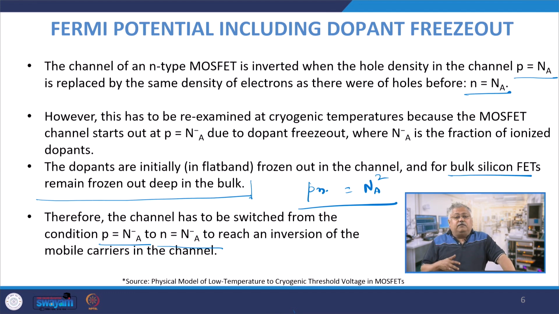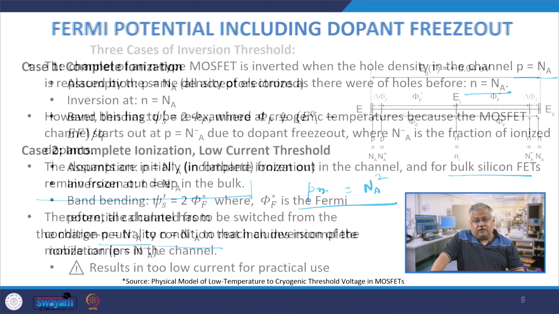Now, P equals Na minus means some contribution from the ionized impurities is there, but if you want electrons to also come out, you need to extract electrons from the overall species, from the substrate, and then inversion will take place. So, it becomes doubly difficult for the threshold. The threshold voltage changes drastically, because it now becomes doubly difficult to generate extra charge carriers at relatively low temperature.